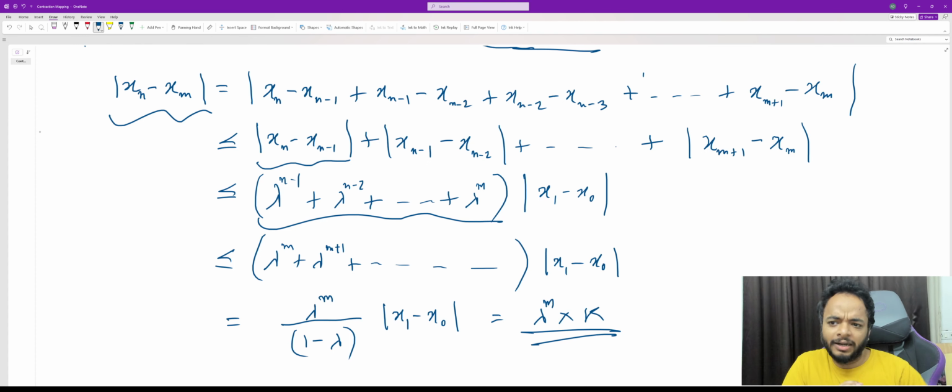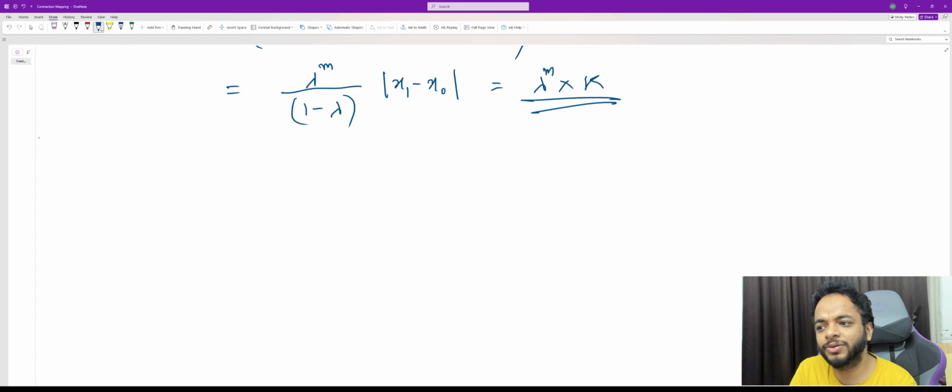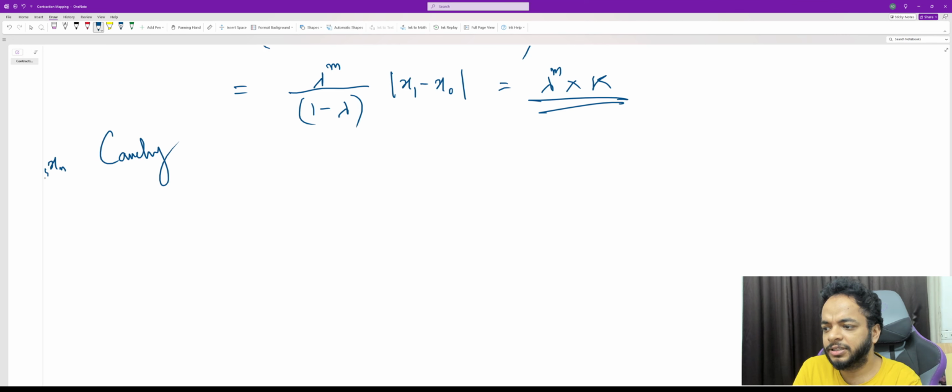I'll keep on increasing, and after a certain stage, because this whole thing will be going towards 0, whatever be my epsilon, this xn minus xm will be less than epsilon. So proving that this sequence is a Cauchy sequence. Again, those who are not sure what a Cauchy sequence is, you are hearing it for the first time, just go and check it out. So we have proved that the sequence xn is a Cauchy sequence.